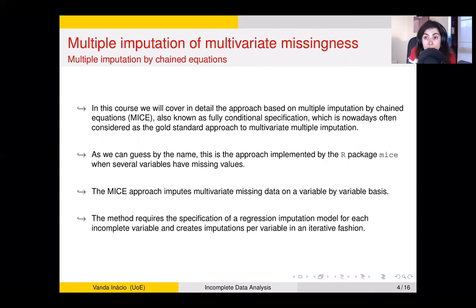And so this simplification, or this decomposition, say, of the multivariate problem in a cascade of univariate missing data problems, allows us to approach the problem in a much more flexible way, I would say.